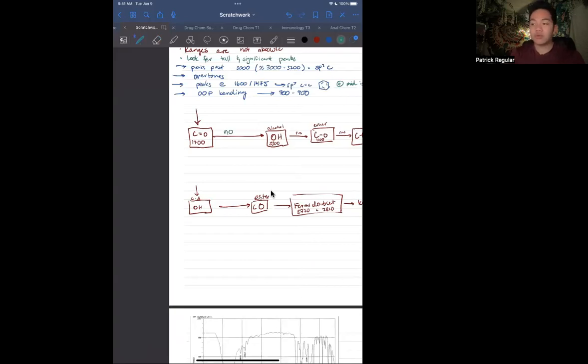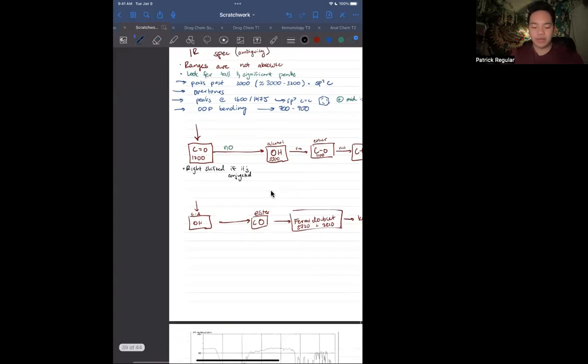Now, some notes before we move on. It's right-shifted if it's conjugated. So if it's part of an ester, for example, the hybrid looks a little bit like this, because it can make resonance structures like this.